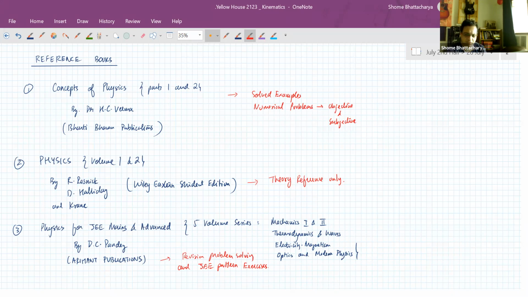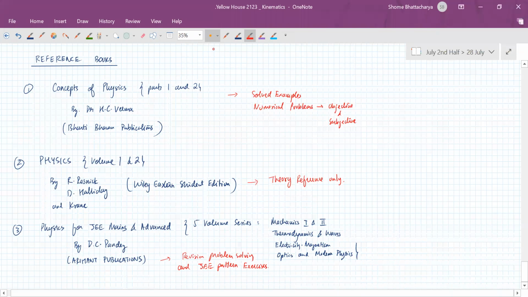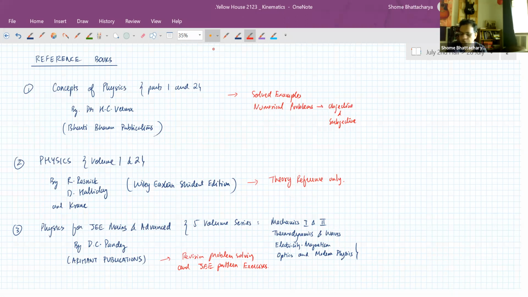But if you get all the volumes together, I think you get a discounted price. You will need them in the entire 11-12 anyway, so if you can get hold of the entire set, get it at a discounted price. And it's nothing specific that you have to get the latest edition. You can get last year's volume also. If convenient, you can even get them at a used bookstore. It really doesn't matter.